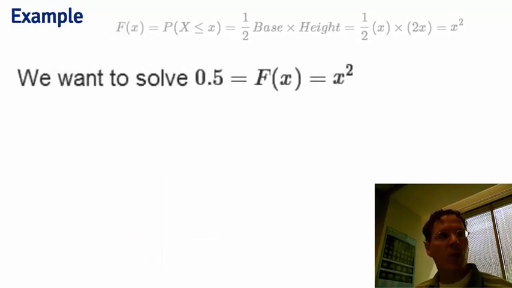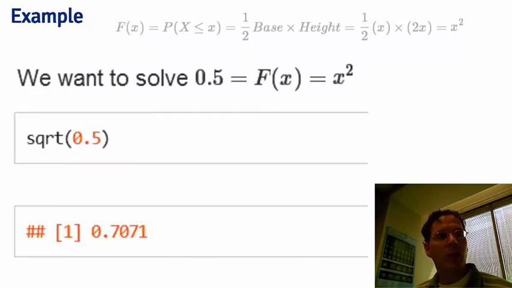In this case, we want to solve 0.5 equals F of x, which is equal to x squared, resulting in the solution square root 0.5. This is 0.7. So what this means is that on about 50% of the days, 70% of the phone calls or fewer get answered. And on about 50% of the days, about 70% of the phone calls or more get answered.